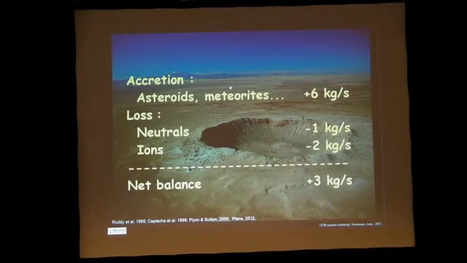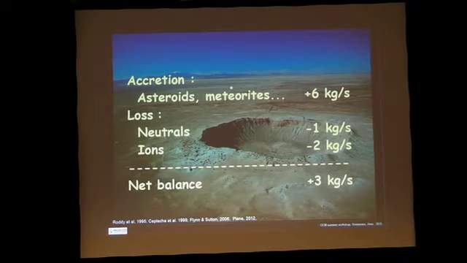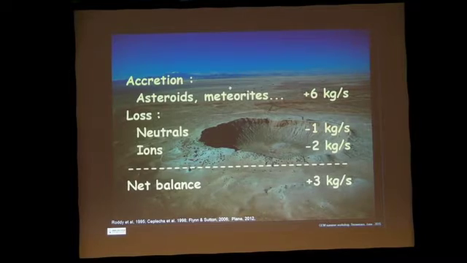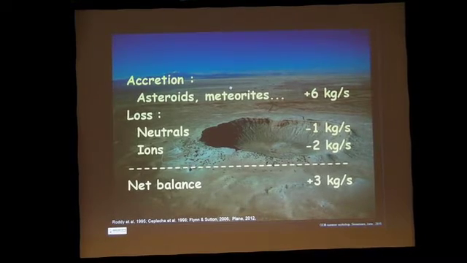So if you do calculations, trying to calculate these sources, the accretion is actually larger than the loss. The asteroids, meteorites, large impacts and so on, if you try to go second by second, it is actually a gain of 5 to 6 kilograms per second.